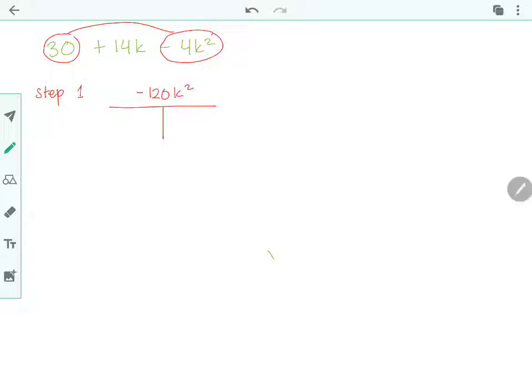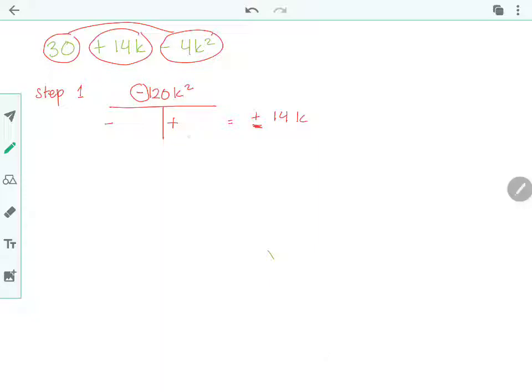Now you need to find the factors of it, so the sum will be positive 14k. Now it is positive, but the result from multiplication is negative, so it means one of them must be negative and one of them must be positive.